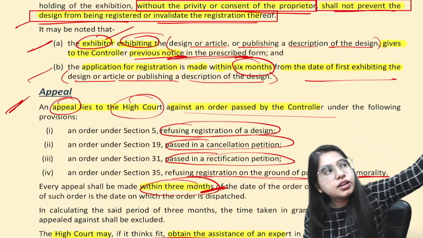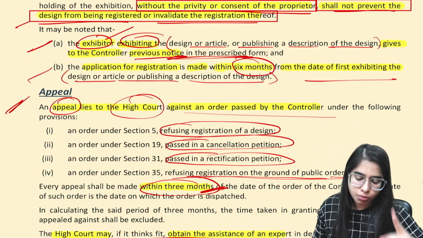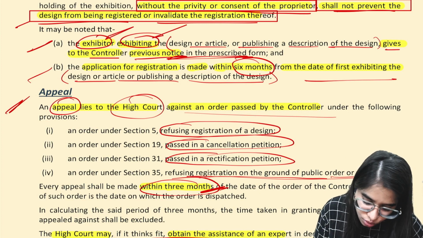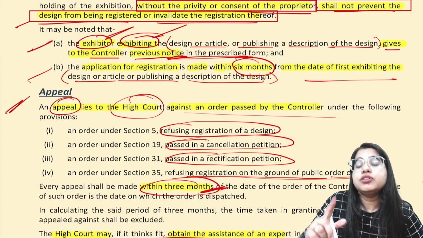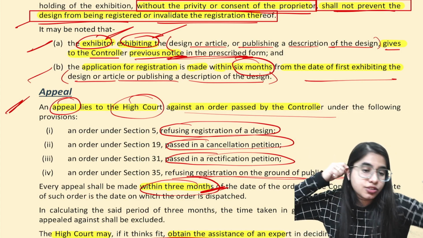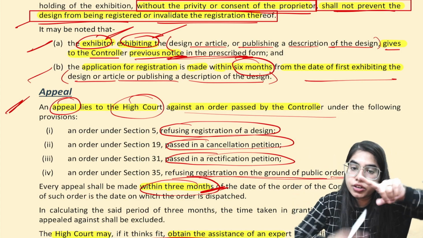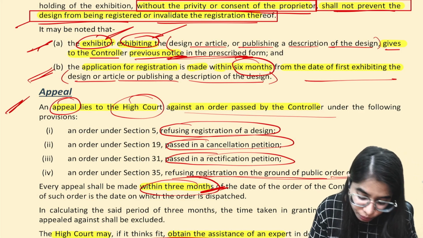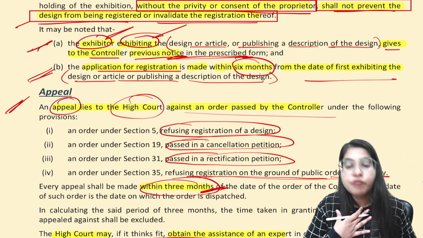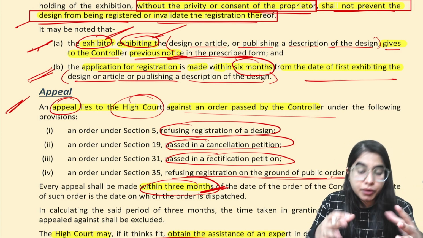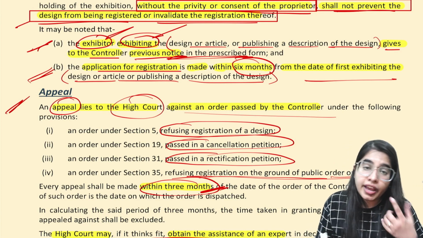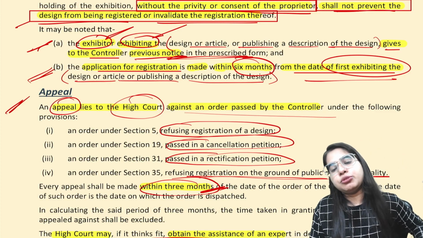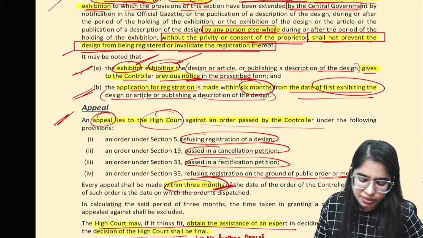Point number one, the exhibitor has to give a notice to the controller that we are showing this particular product in the exhibition. And point number two, if I have not yet registered that particular design in my name, then I have to make an application for registration within 6 months from the date of exhibition.